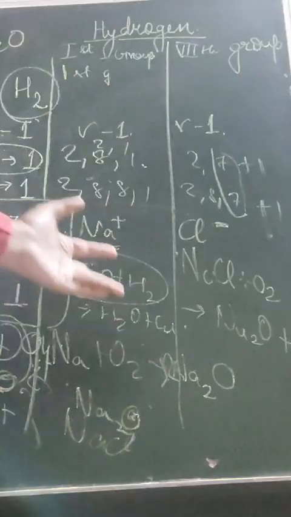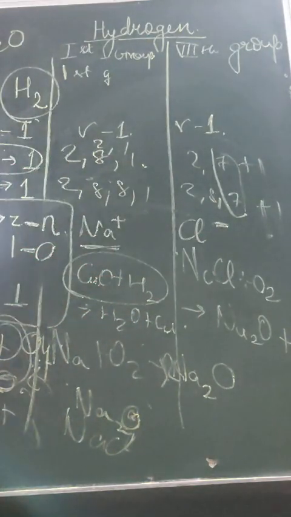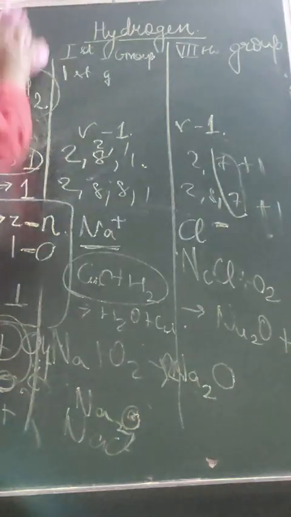So this way this will oxidize it. Now, apart from the similarities, there are two differences among the first group elements and hydrogen, and seventh group elements and hydrogen. Those are the differences we will talk about.